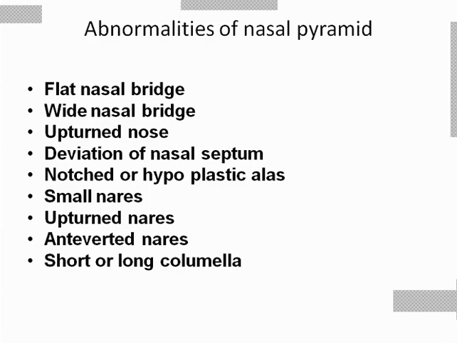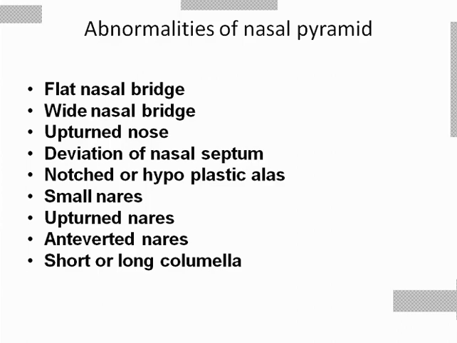Sometimes this is a pug nose deformity. That means if you lift your tip up, how it will appear. The nares will not be seen frontally. Our anterior nares will be looking down. If they are seen anteriorly, that means upturned or anteverted nares.